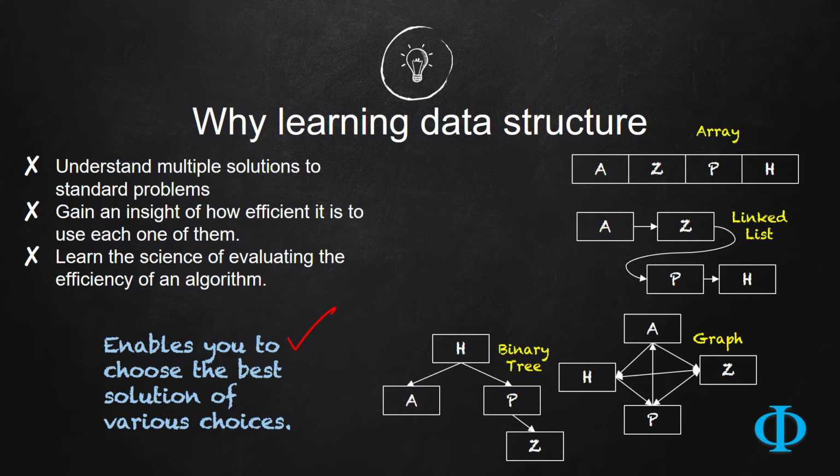For example, some problems can be best solved using an array data structure. On the other hand, some problems can be best solved using a linked list data structure. Another concrete example, if you organize the data using a special type of binary tree, sometimes called a binary search tree, then your search operations become extremely easy.